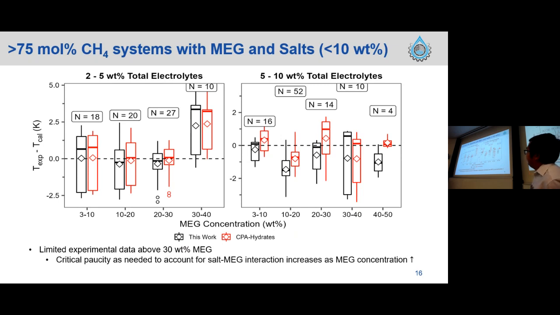You see that the deviations overall have a much wider spread compared to what we've seen previously. There's also really not much experimental data at these high concentrations of MEG. Here, for 2 to 5 weight percent, there's nothing beyond 40 weight percent, and similarly here there's nothing beyond 50 weight percent, where you might have to inject more MEG in practice.